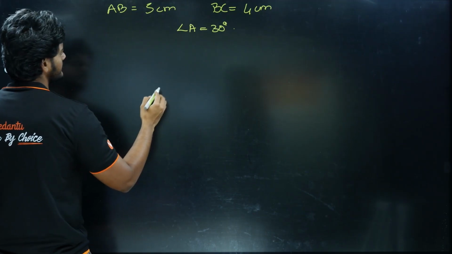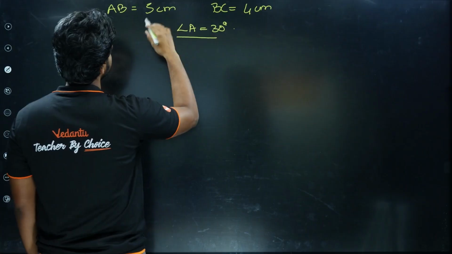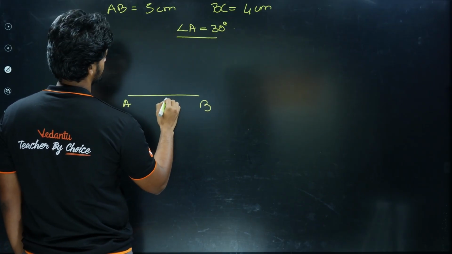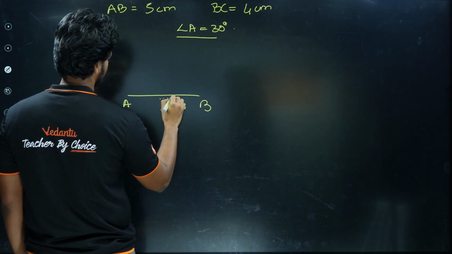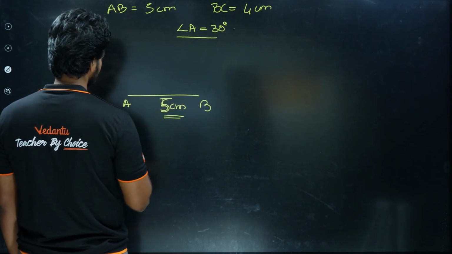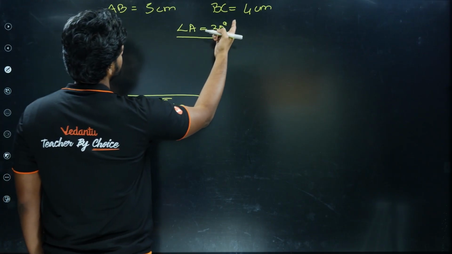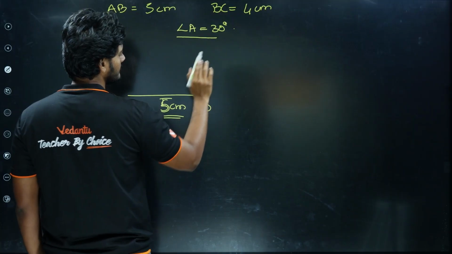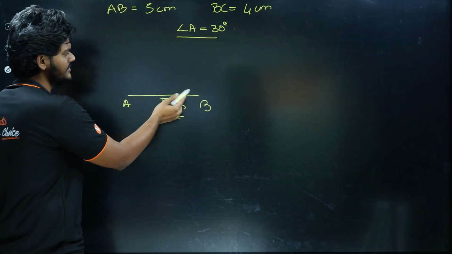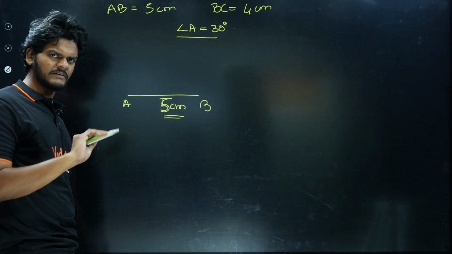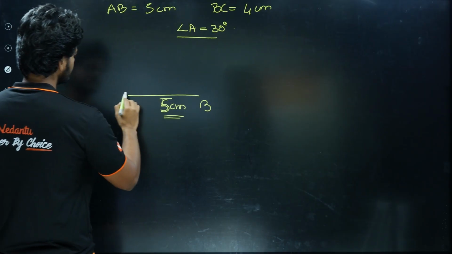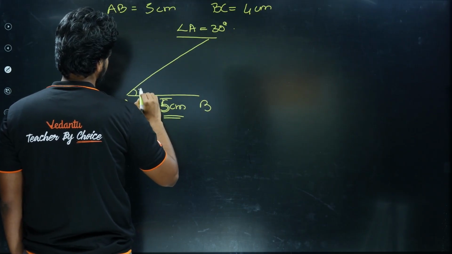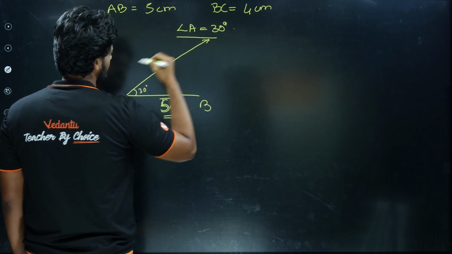So first let's start with AB. We have AB, and this is supposed to be 5 centimeters. I have BC, but I don't know exactly what angle it will be, so we cannot judge where we will put BC. We will leave it for later. But first, we know that angle A is equal to 30 degrees, so I'll draw a ray at 30 degrees.